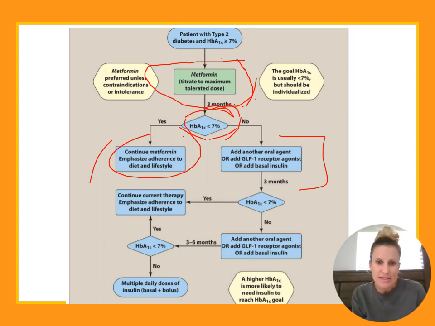Also, once they're on the metformin, if they are not able to get to goal, you can consider adding basal insulin. Most patients aren't happy about using anything injectable. However, it is an option to add basal insulin at any of these steps.